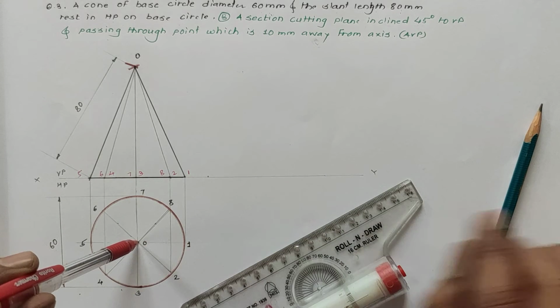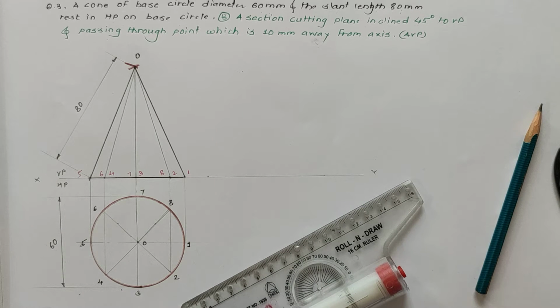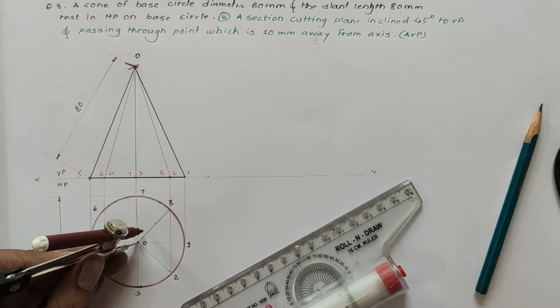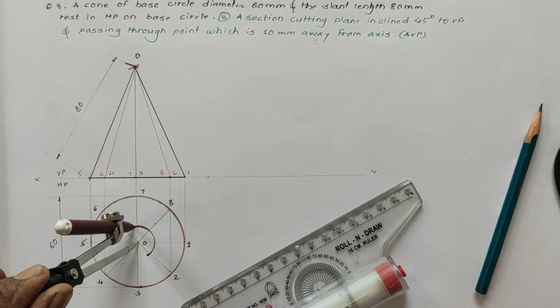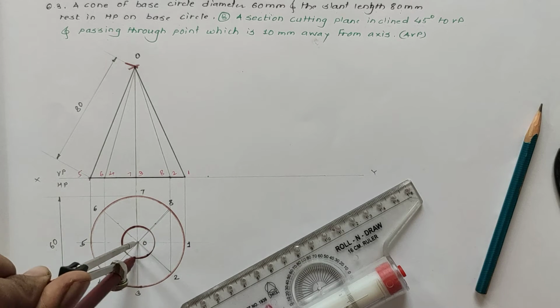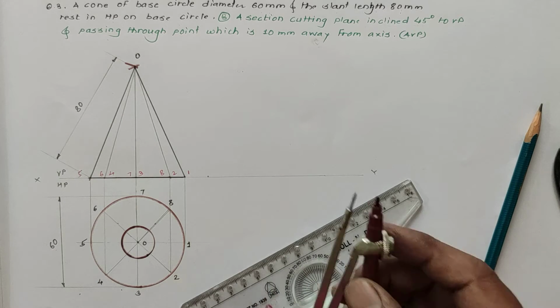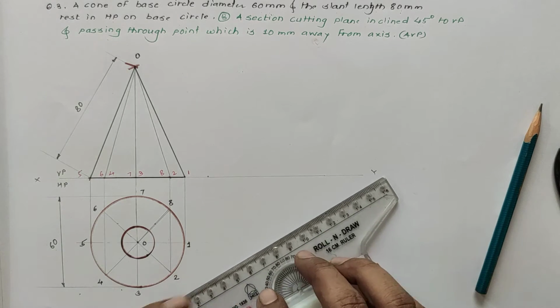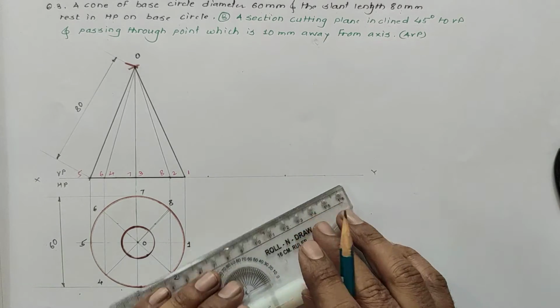So draw the 10 mm radius circle. Take the distance 10 mm in compass, with O as the position, and draw the circle having 10 mm radius. Then take any point on the XY.